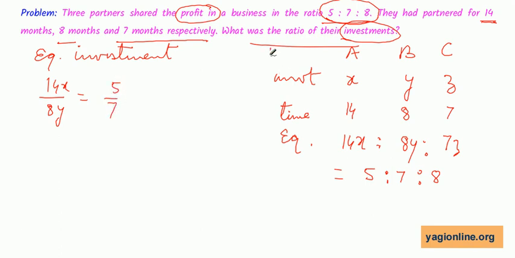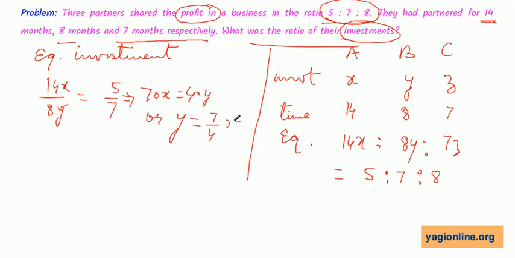So this implies that 70x is equal to, by cross multiplication, 40y, or y is equal to 7 by 4 x. This will become our first equation.